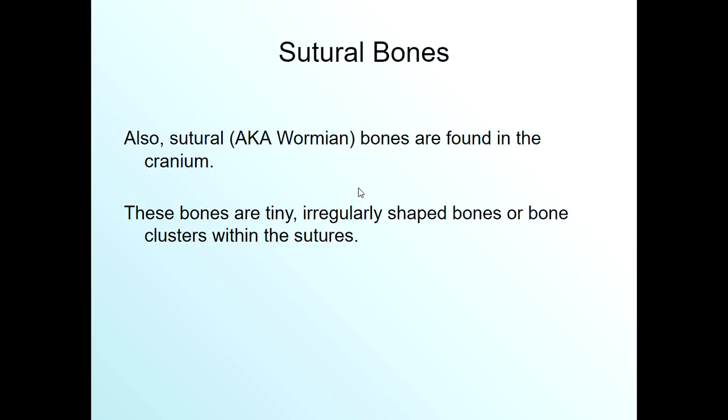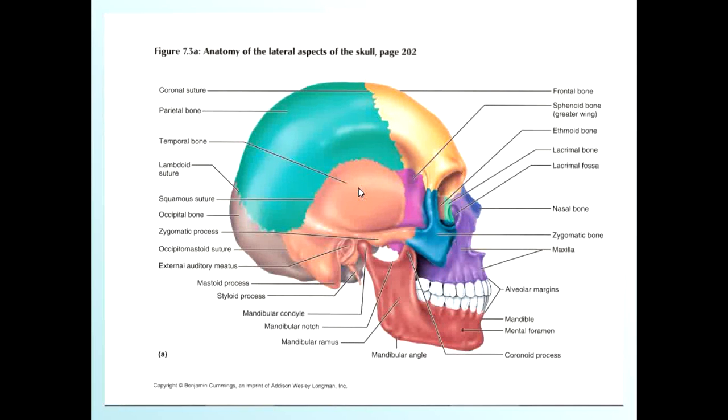So there are several different ways to look at the skull. And if you noticed, you have multiple diagrams of the skull because each view of the skull reveals different bones. In this PowerPoint, you're going to see that the bones are colored a unique color. So if you see this teal color somewhere, you know that's the parietal bone, whereas if you see this goldish color, you know that's the frontal bone.